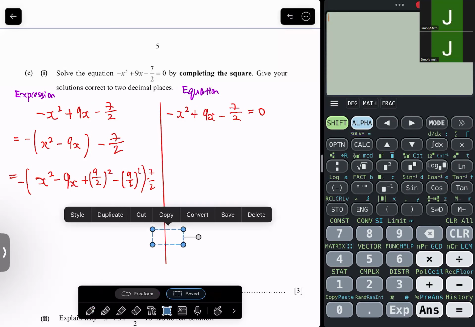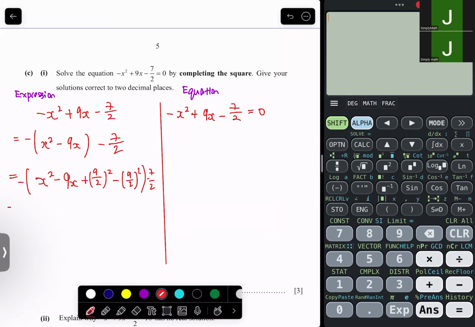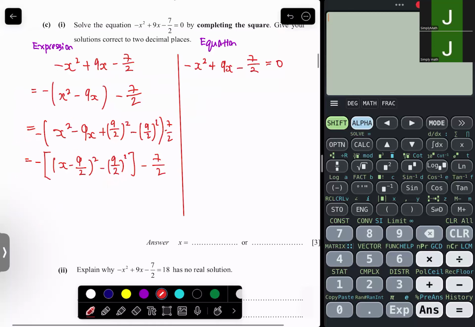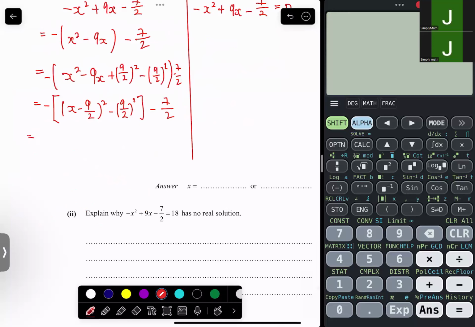So I will get negative x minus 9 over 2 squared minus 9 over 2 squared minus 7 over 2. But when I bring the negative sign in, it will become negative x minus 9 over 2 squared plus 9 over 2 squared minus 7 over 2.